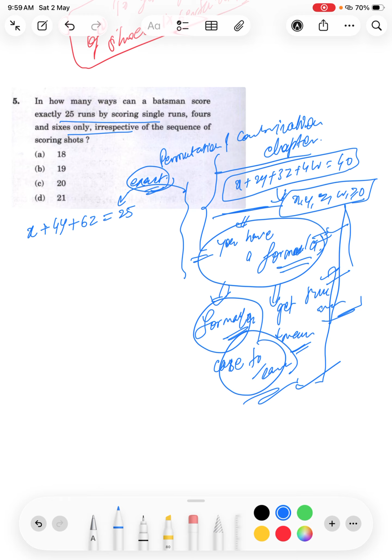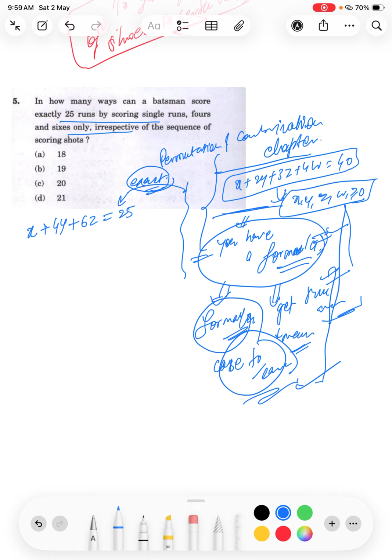Here you are not asked to use those formulas if you're writing this exam, because you might end up on the wrong side, and you are not expected to use them. That's why this question has been given, and the complexity is not as much as you would have seen in JEE questions.